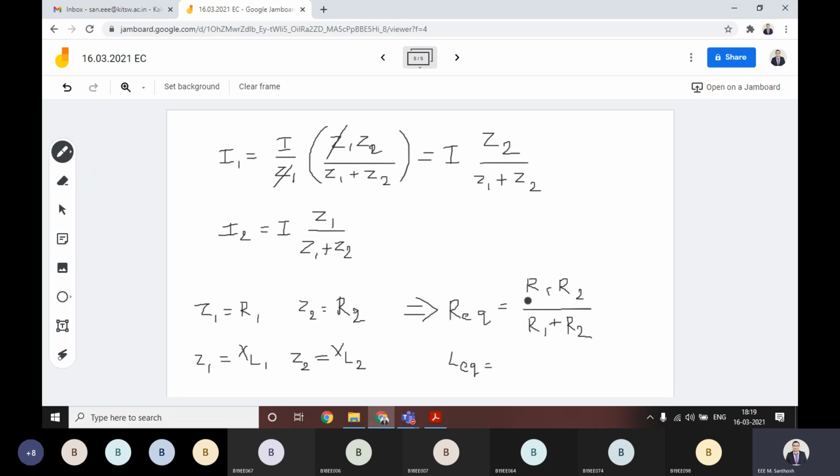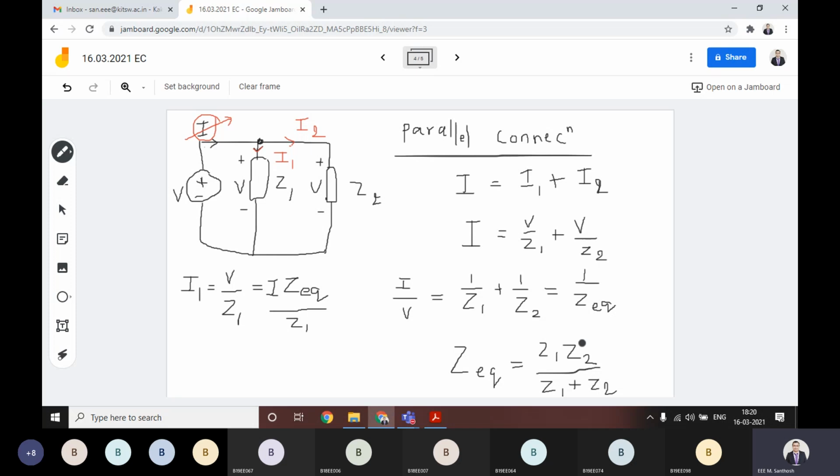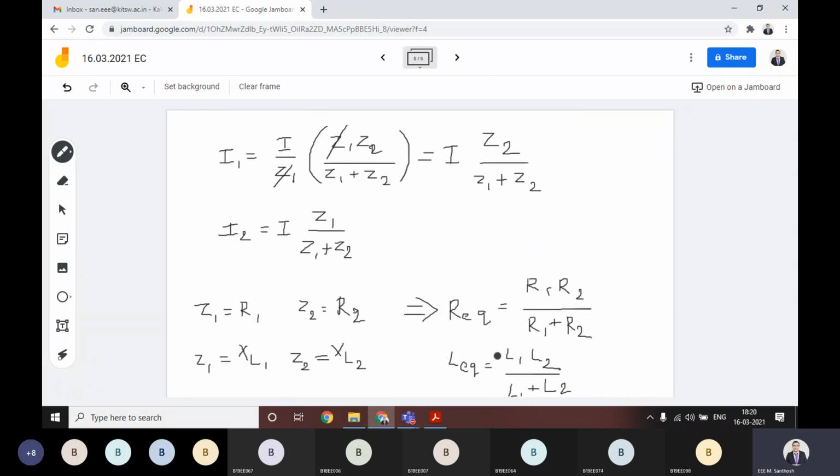L equivalent is also the same as for R, but in terms of L1 into L2 by L1 plus L2. Is it clear? Why are we getting this? Here you can replace Z equivalent, which is Z1 into Z2 by Z1 plus Z2, with XL1, XL2, omega into omega. You are getting this?